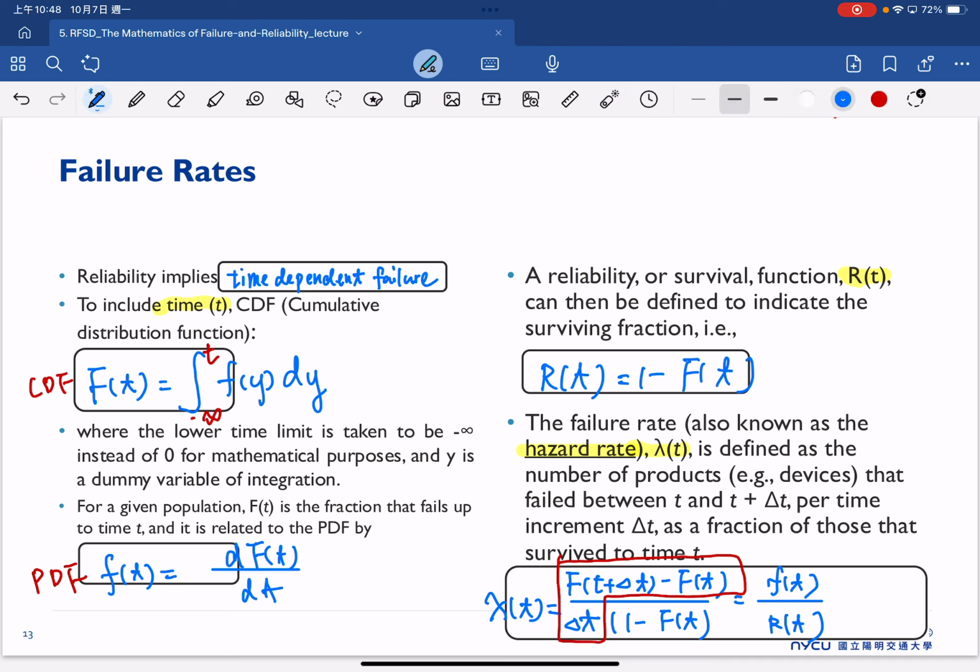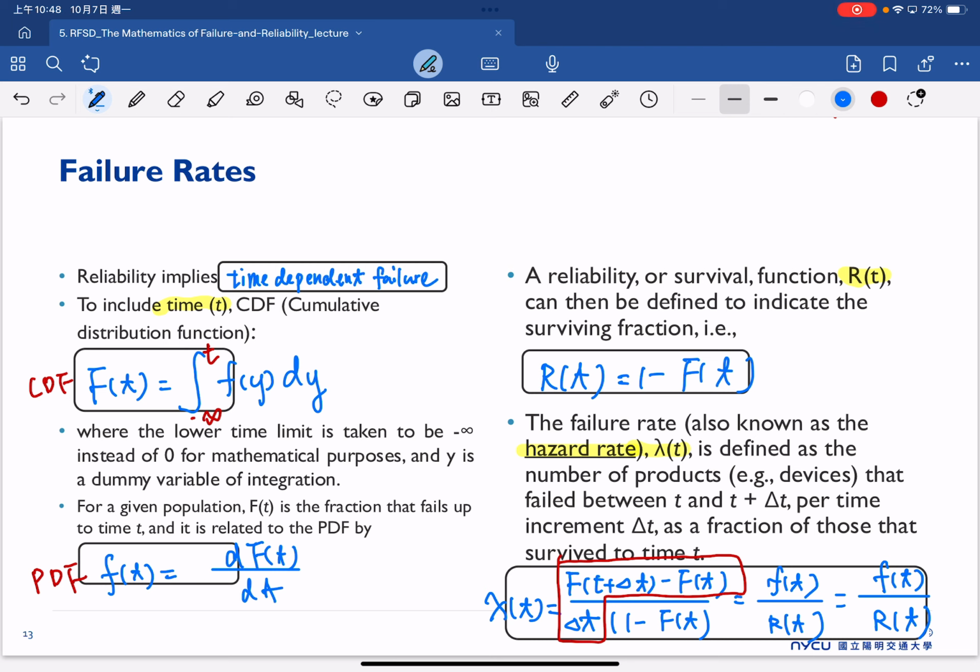So in the end, this is equal to f(t) over R(t).